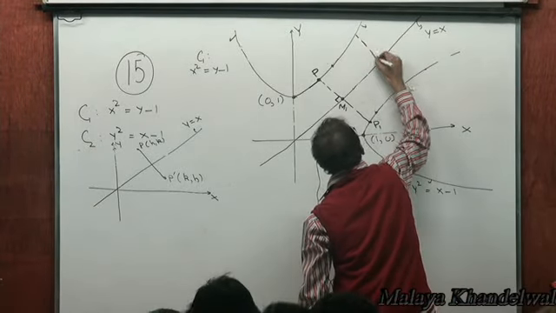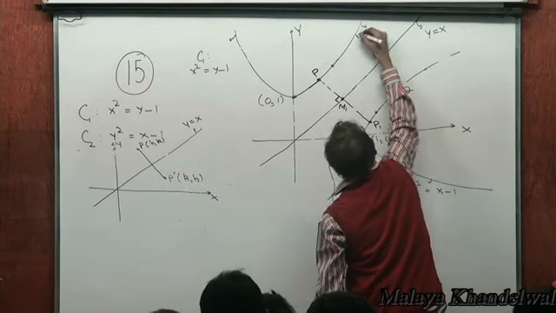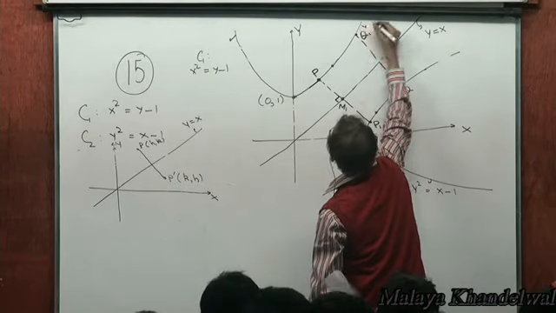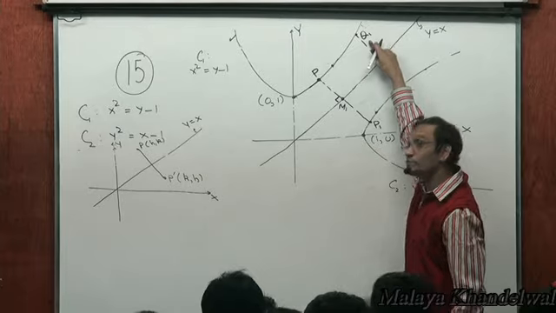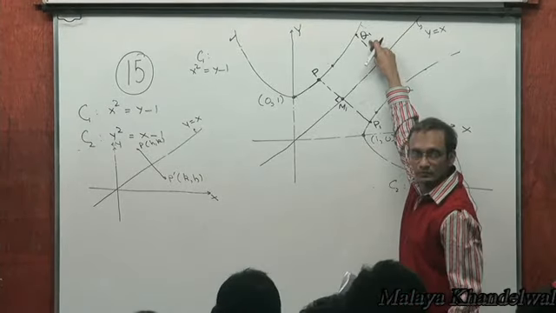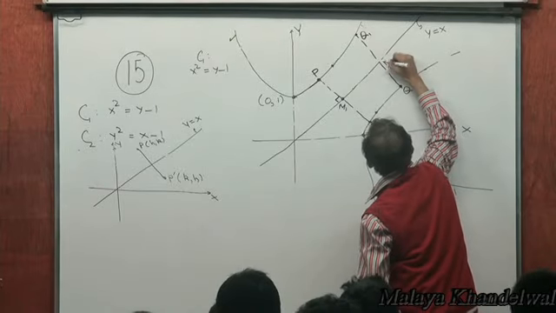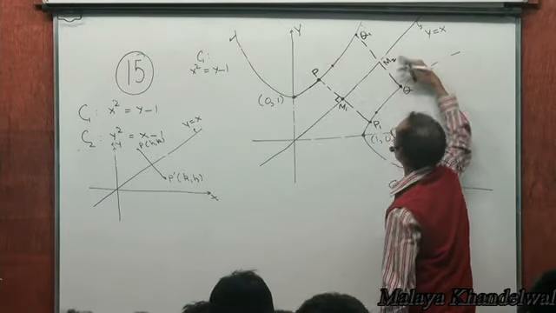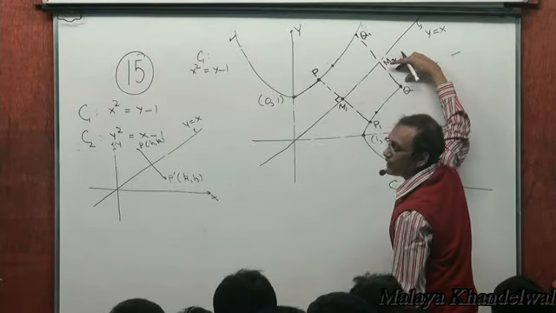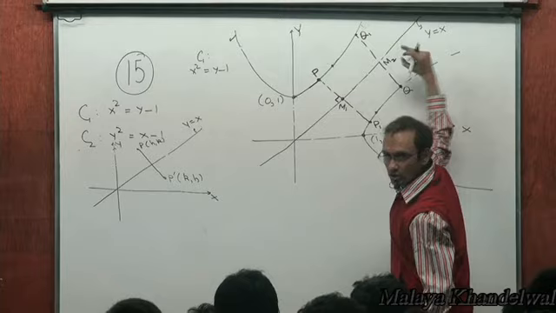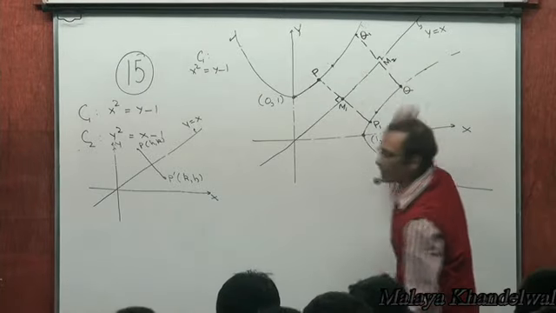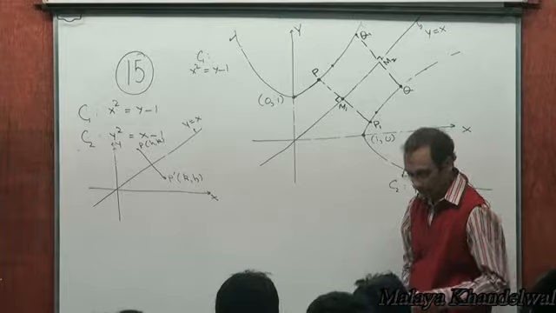The reflection of Q on C2 must lie on C1. The reflection of Q is Q1, which must lie on C1. M2 is the midpoint of QQ1 such that Q1M2 must be equal to M2Q. Object distance must be equal to image distance, and the line must be perpendicular.